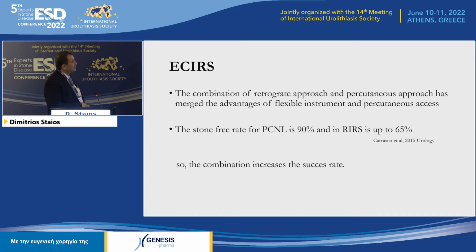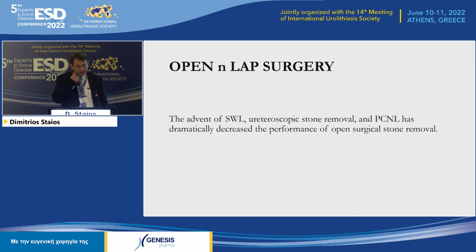So we can say that the combination is going to increase the success rate. The advent of shockwave treatment, and especially ureteroscopic stone removal and PCNL, has dramatically decreased the performance of open surgical stone removal, and that applies also to the laparoscopic approach.